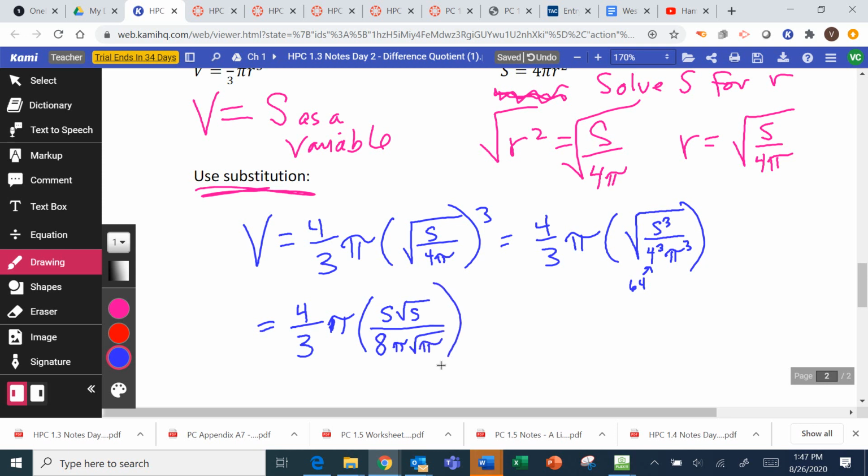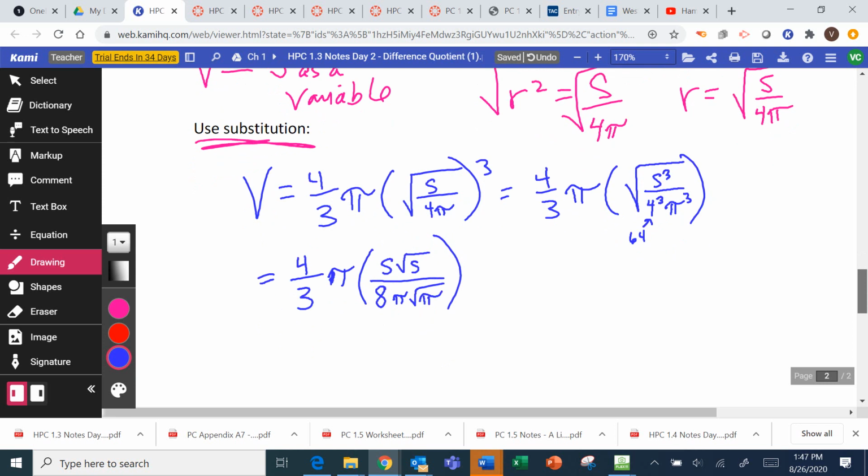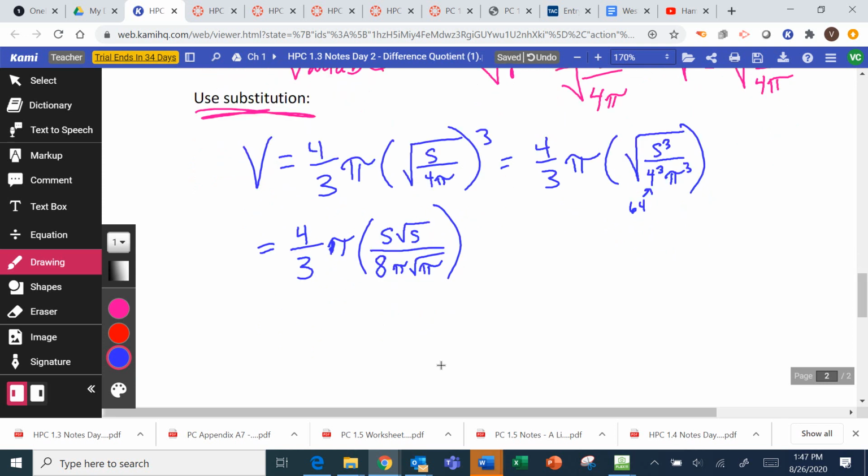So when I simplify those, the variable and the pi, I'm going to multiply, and those pi's that are outside of the radical will cancel. The 4 and the 8 will reduce. So we get s square root s over 6 square root pi. Did I make any mistakes? Do I have everything?